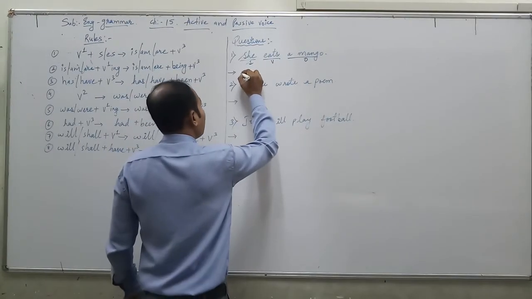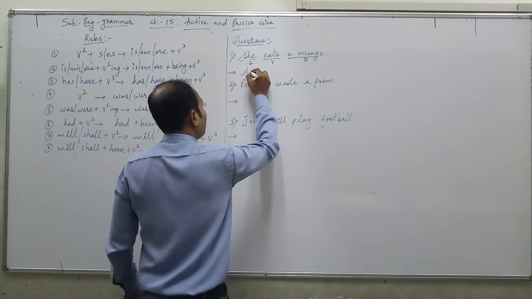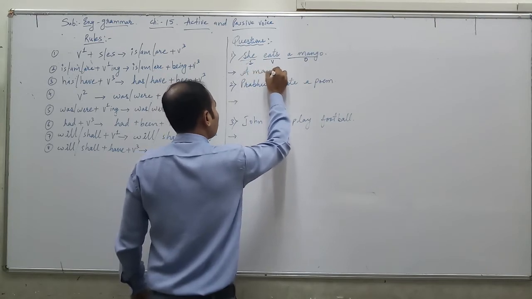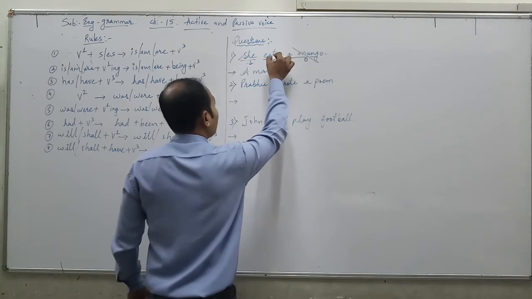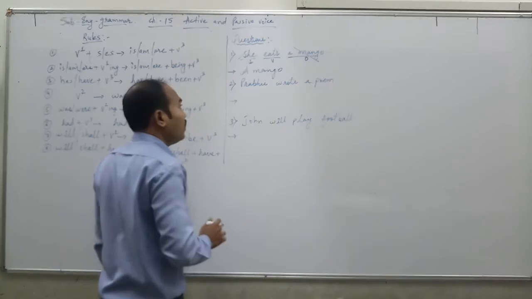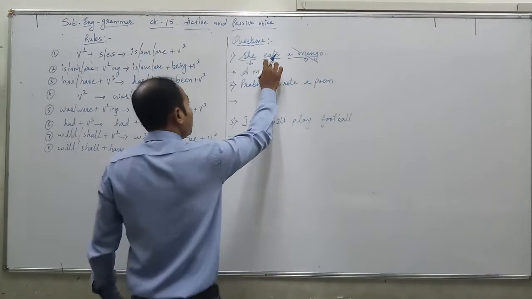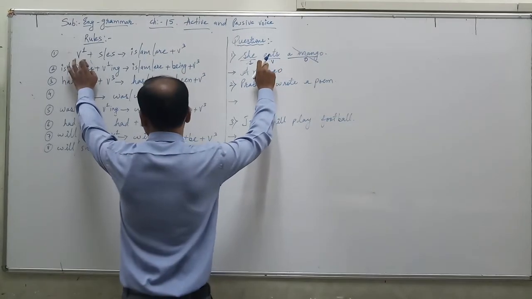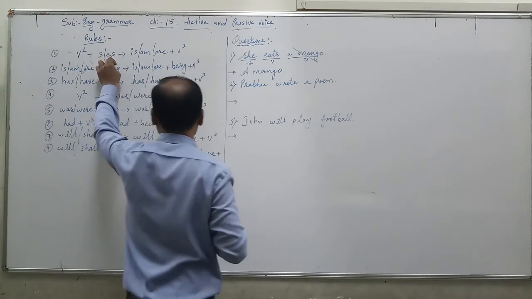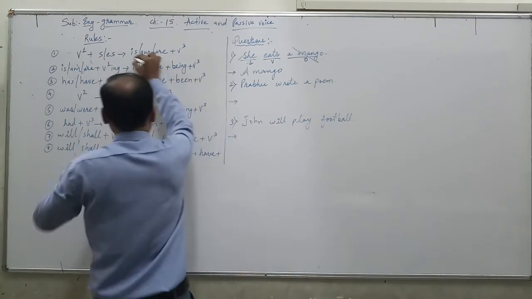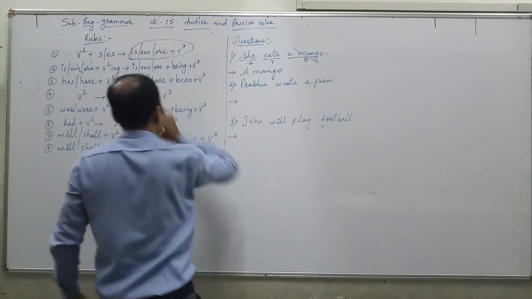So the object is a mango, we will write over here: a mango. After writing this, the verb. In which form is the verb? It is in the first form of the verb, SES, you can see over here. So it is in simple present tense. It is changed into is, am, are plus V3.